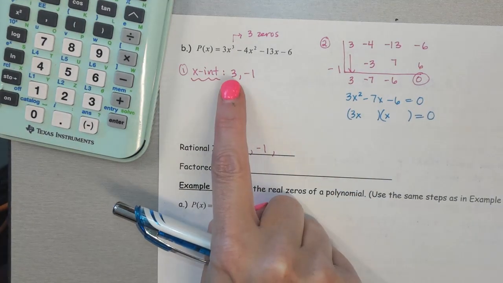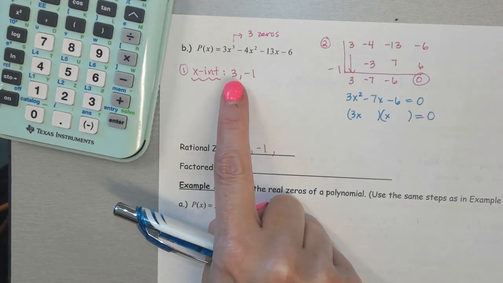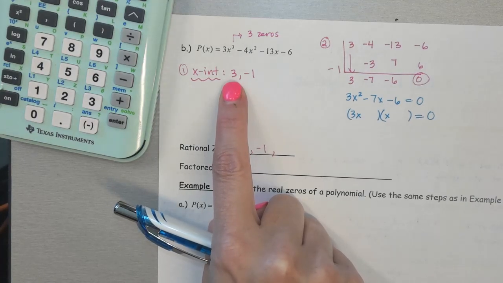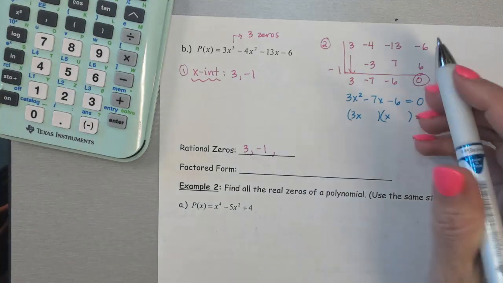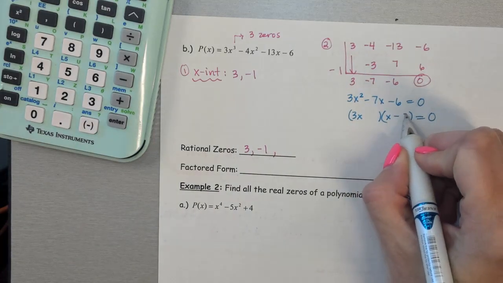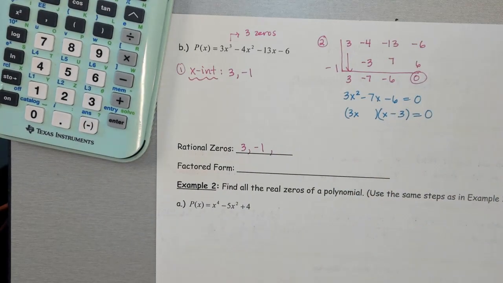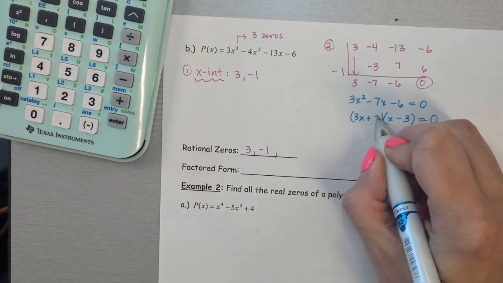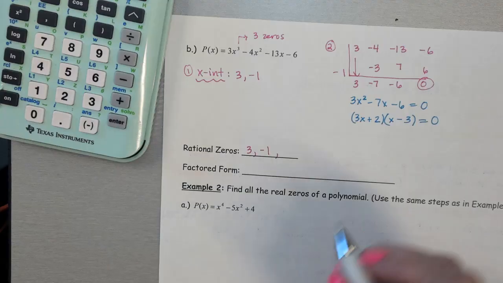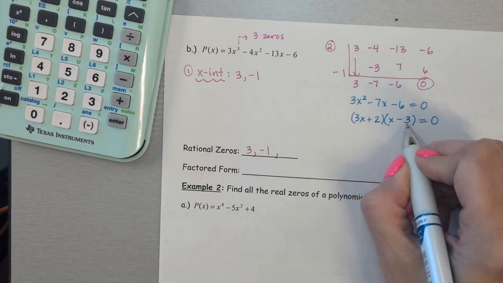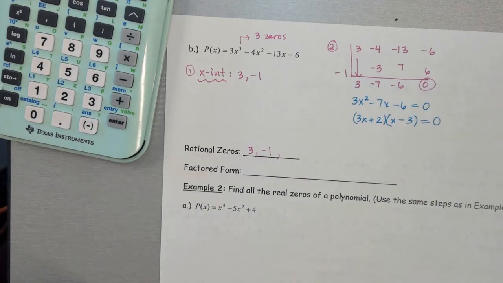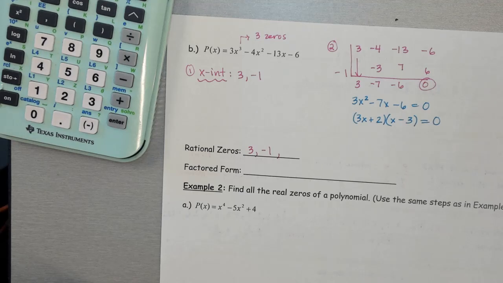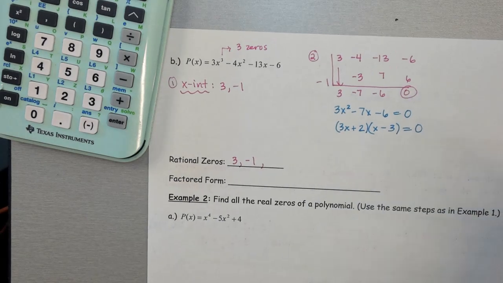So one of our factors is going to have to produce the answer of 3. And I already know if 3 is an answer, one of my factors has to be x minus 3. So I might plug that in, right? And then 3 times 2, you could use that to help you. So this would be -9 plus 2 to get -7. And then we could set each one equal to 0.